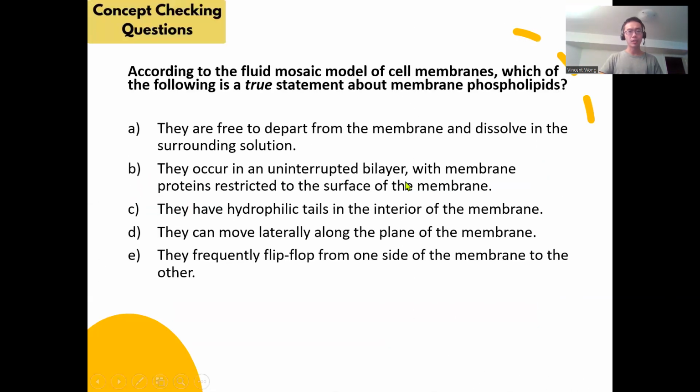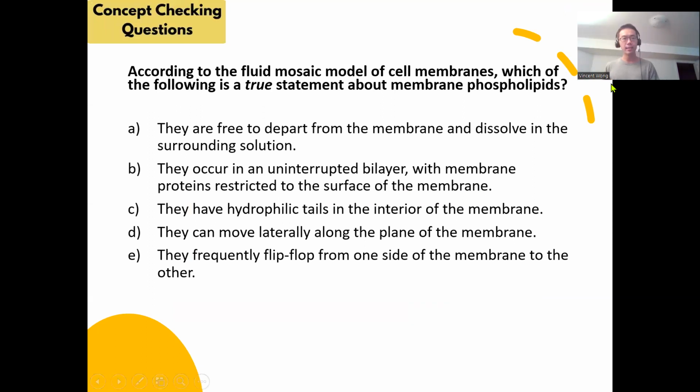I have two questions here, and then we will end. According to the fluid mosaic model of cell membranes, which of the following is a true statement about membrane phospholipids? I'm just going to go through it with you because of time.